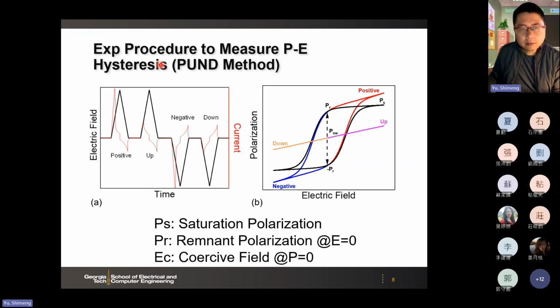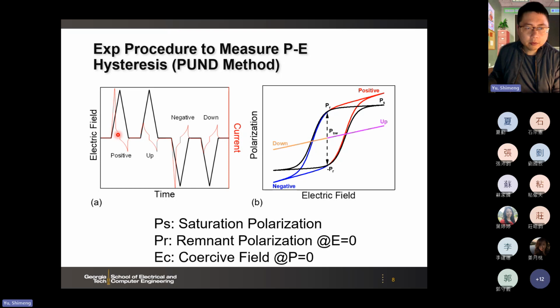So here, this is the PUND measurement I mentioned earlier, positive up, negative down. So what you do in the testing, if you have a ferroelectric capacitor, is apply a voltage waveform, which is a triangular waveform. And then you measure the current, which is the red curve, the current response.